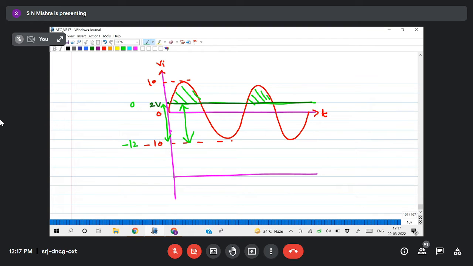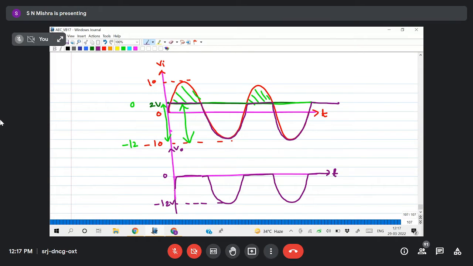So I'll get the output voltage like this. Like this. So this is upon Vi I have drawn. If you draw again here, then it will be like this. This will be 0, and this is your minus 12 volt.